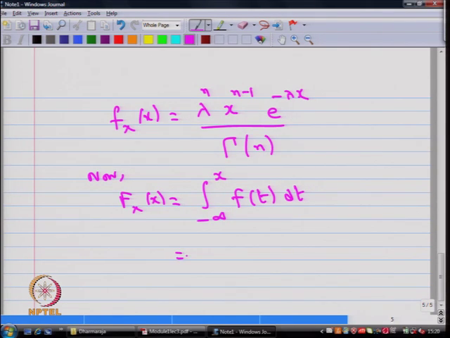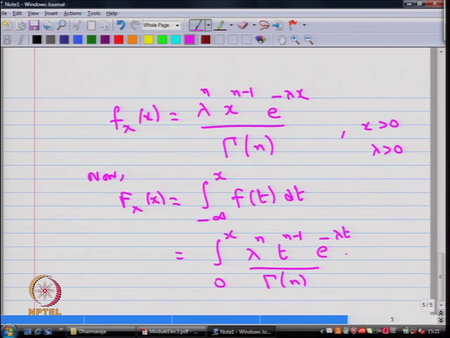Since f of x is valid for x greater than 0 and lambda greater than 0, this integration is valid from 0 to x of lambda power n t power n minus 1 e power minus lambda t divided by gamma of n dt. So, now we have to integrate this and get the expression for the CDF of the random variable X.